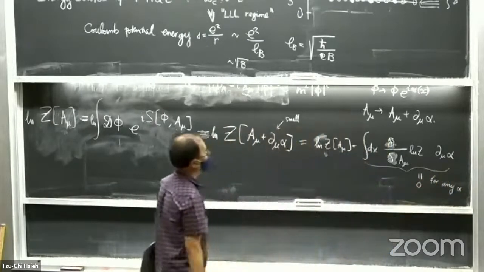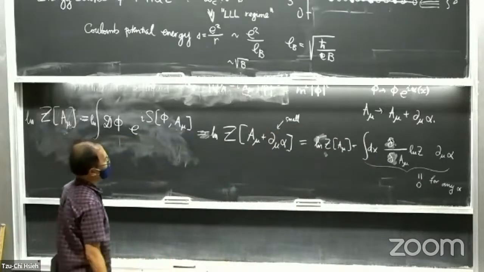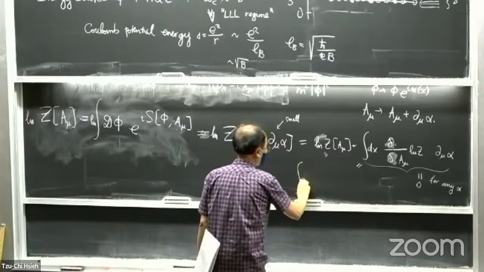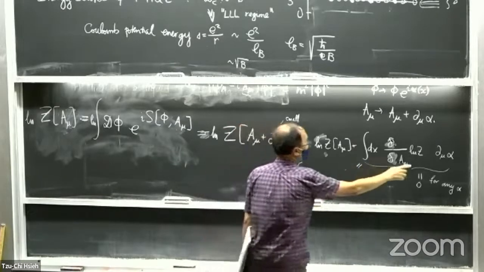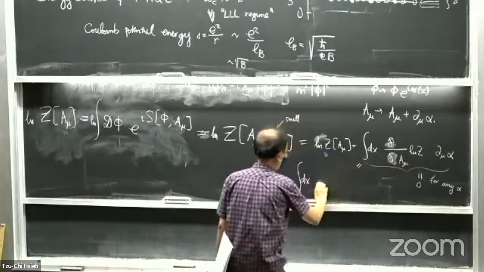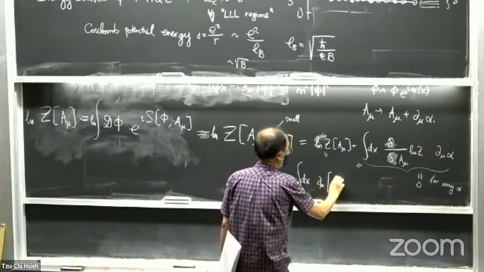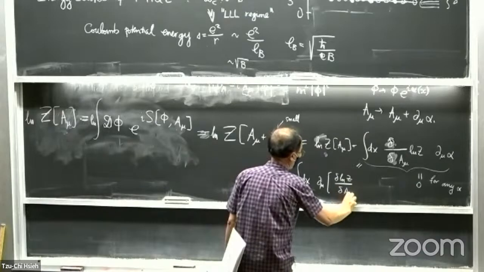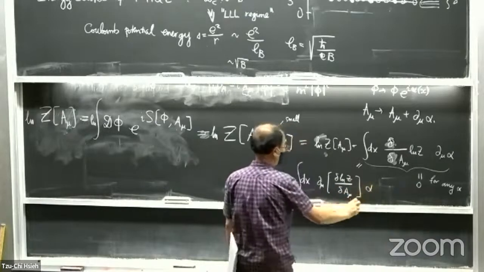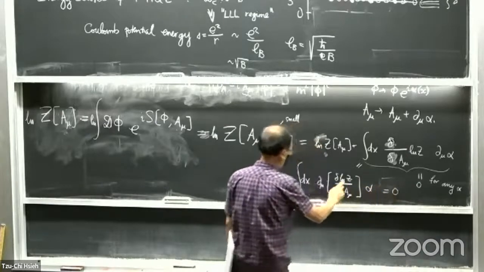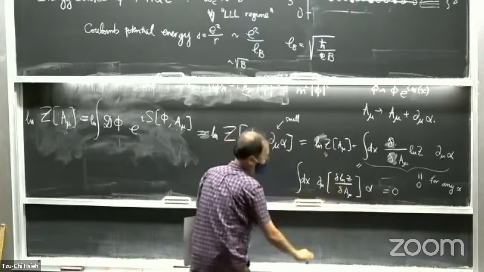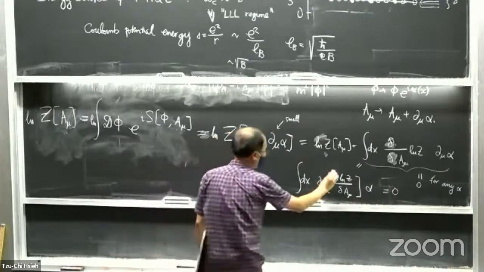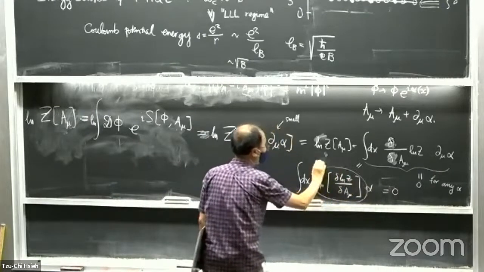And that can be valid only if the current is conserved, which we can see by integrating by parts. The derivative of log Z with respect to A_mu, times alpha, is equal to 0 for all alpha, which means this thing has to be 0.